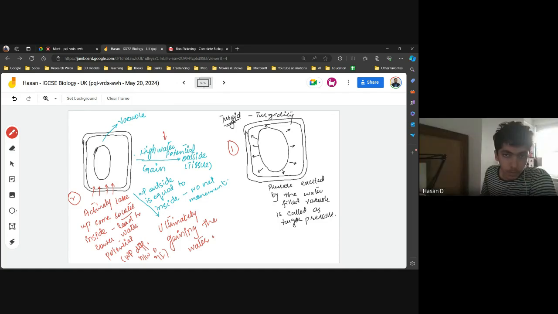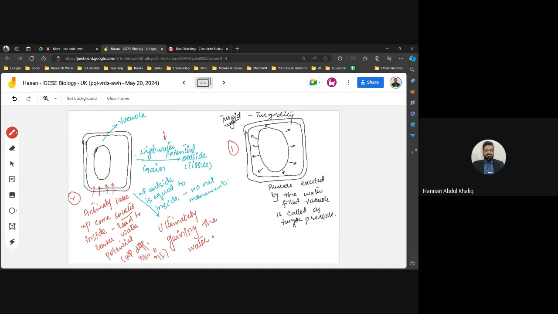I would suggest you revise the whole topic of osmosis after the class, because if you forget the relation between the solute and water, you would lose this concept. Wherever the solute is higher, the water potential would be lower. You can simply create a relation: solute is inversely proportional to the water potential.